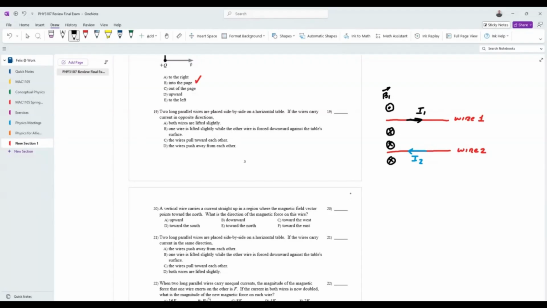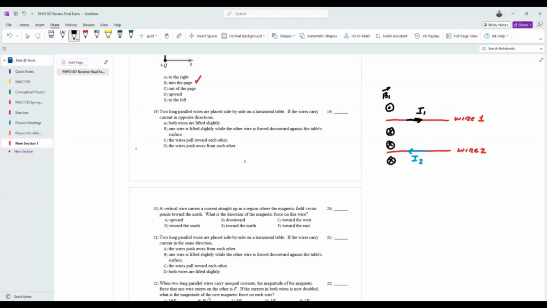So now, when you want to find the force due to B1 acting on wire 2, you would put the fingers in the direction of I2. You will turn the fingers into the direction of the magnetic field, and the thumb is going to give you the direction of the force.